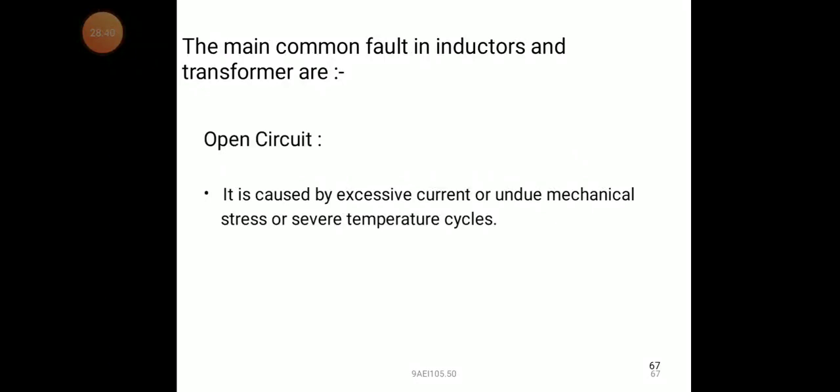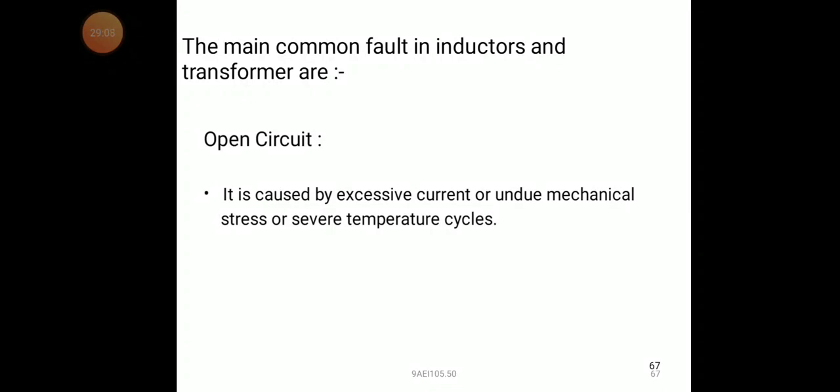Open circuit means if the switch is open, that is, the current is not flowing from the first terminal to the second terminal, that is called an open circuit. The open circuit is caused by excessive current or undue mechanical stress or severe temperature cycles.